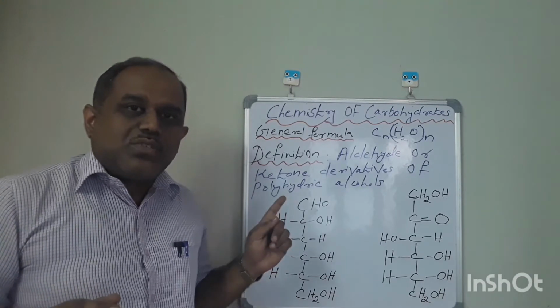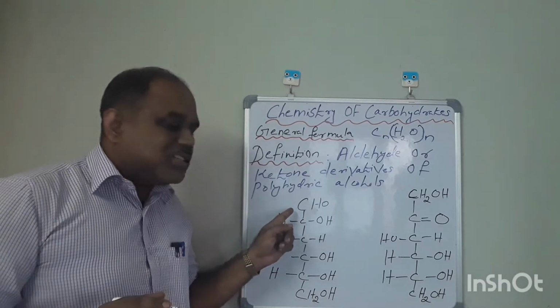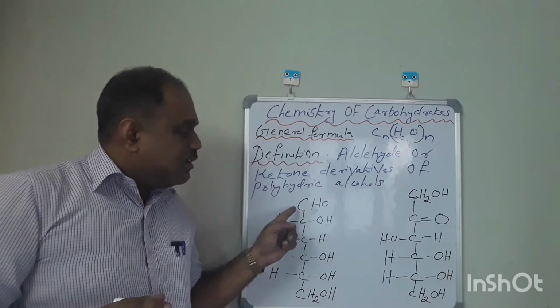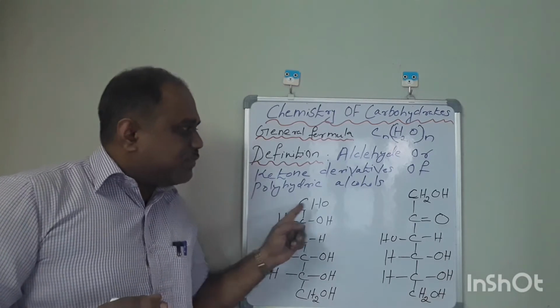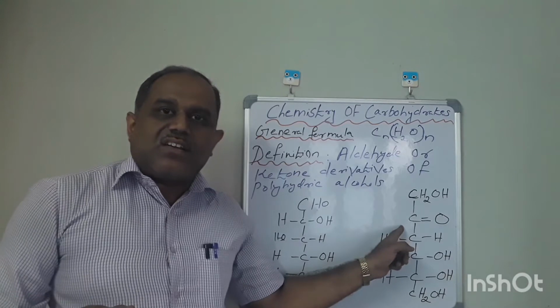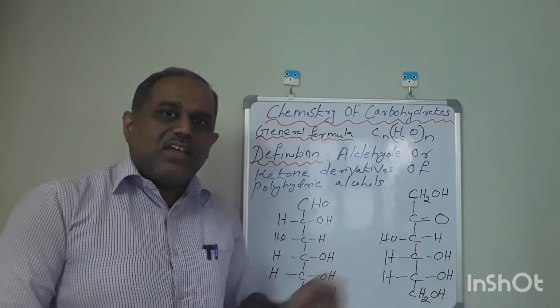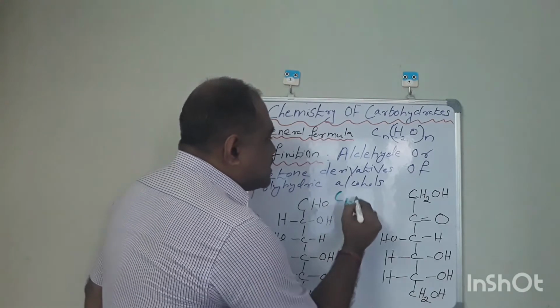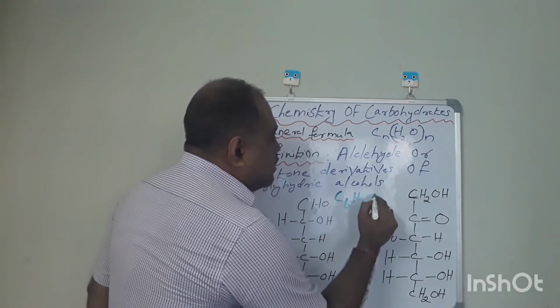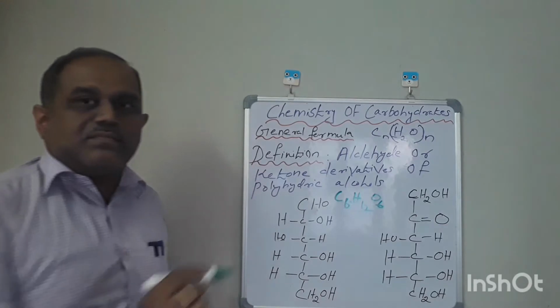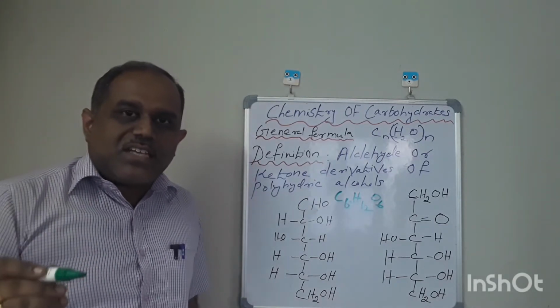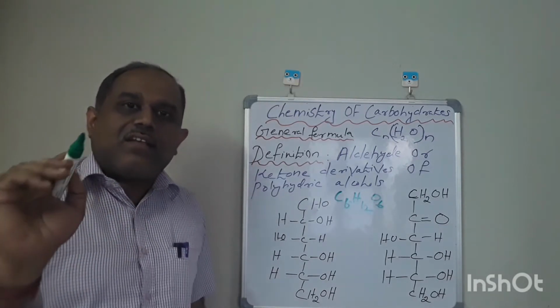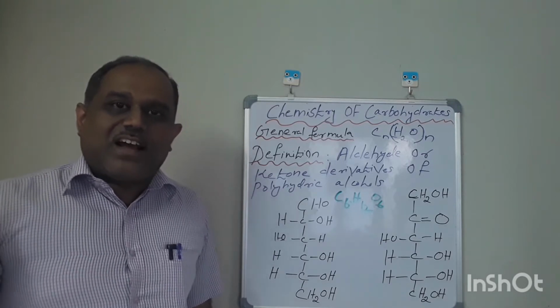I have written two structures here. You can see here, one is the structure of glucose, another one is the structure of fructose, having a molecular formula C6H12O6. So what does the definition say? Aldehyde or ketone derivatives of polyhydric alcohol.